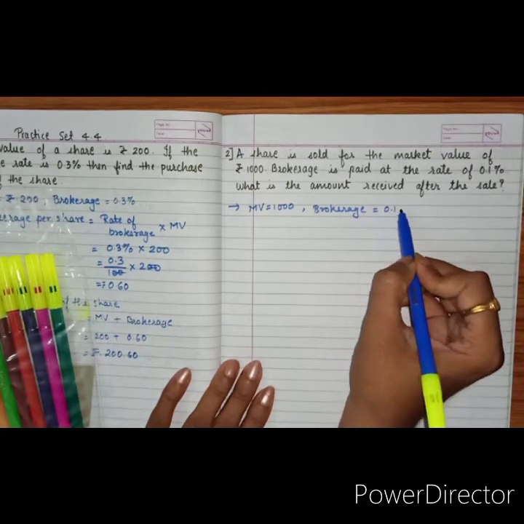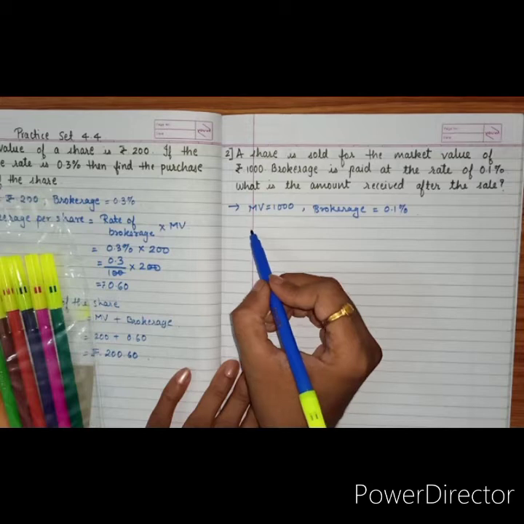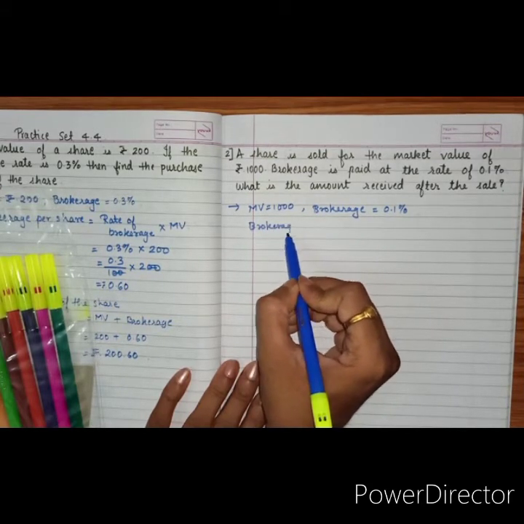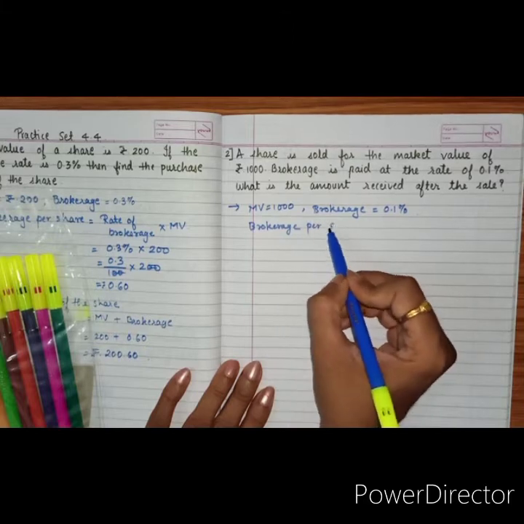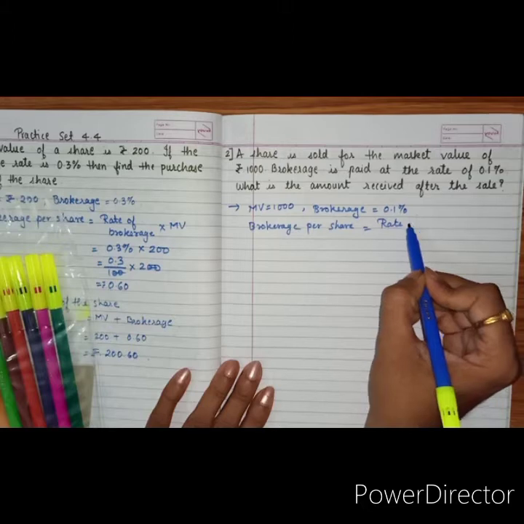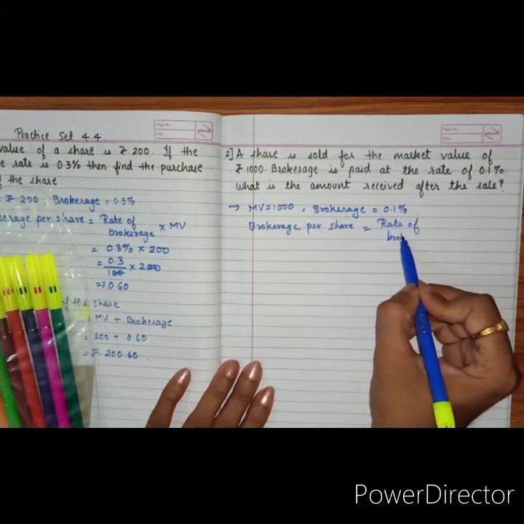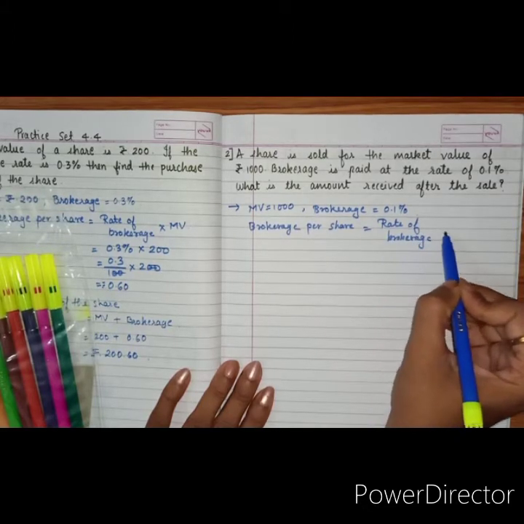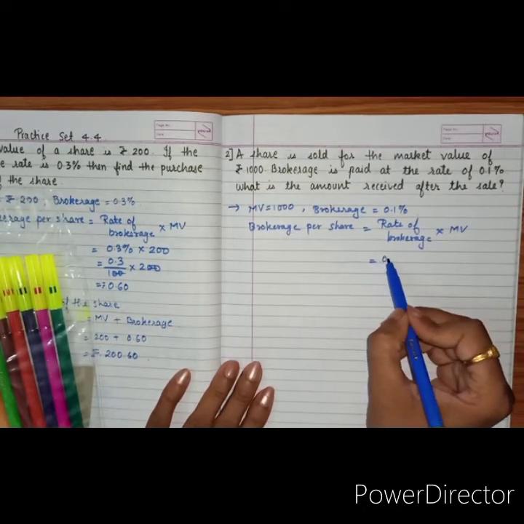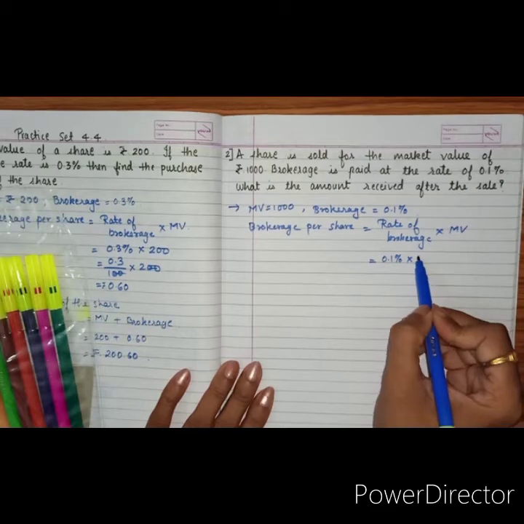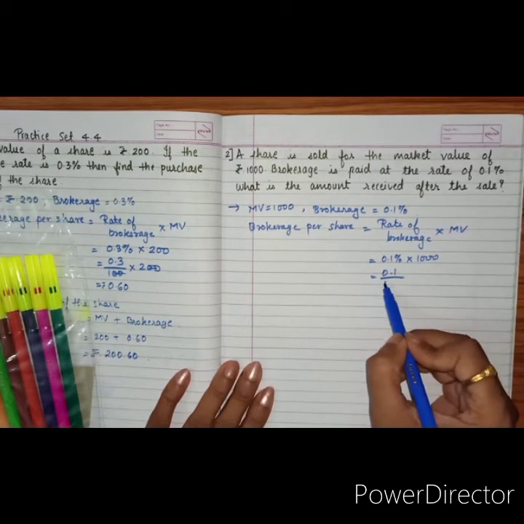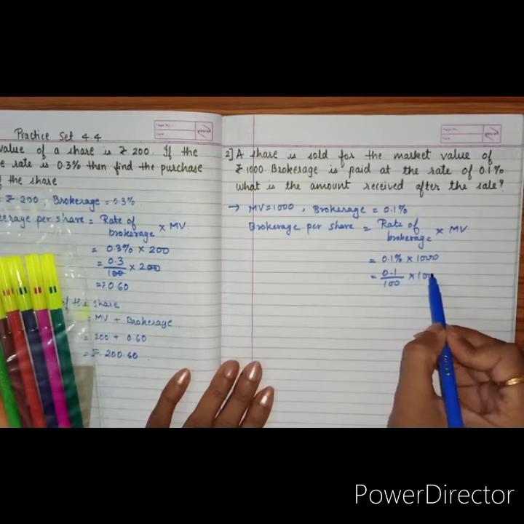Brokerage is 0.1% rate. So what will be the brokerage? Brokerage per share means amount. That will be rate of brokerage into market value. Okay, so rate of brokerage is 0.1% into market value 1000. This is 0.1 upon 100 into 1000.